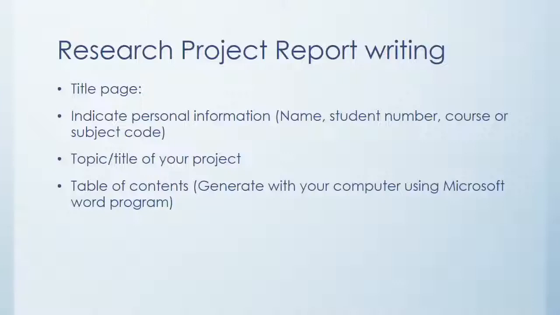This is something that you should do when you finish writing your research report, but it appears at the top just after your title. You have to generate it with your computer using the Microsoft Word program, and you should do it at the end once all the topics, all the titles are already in your Microsoft Word and you have written down your report.